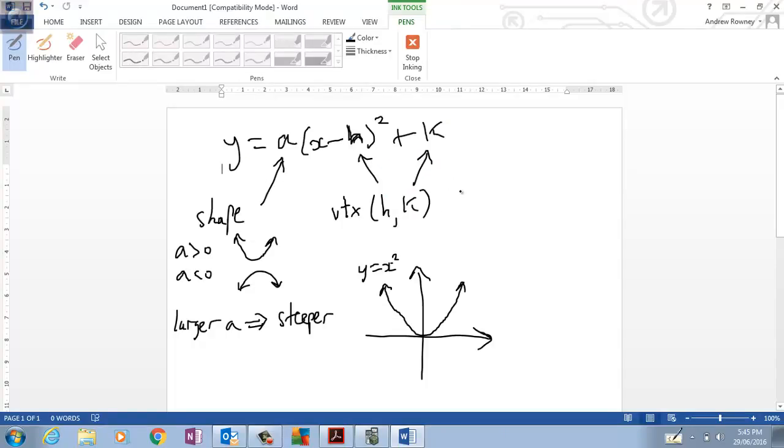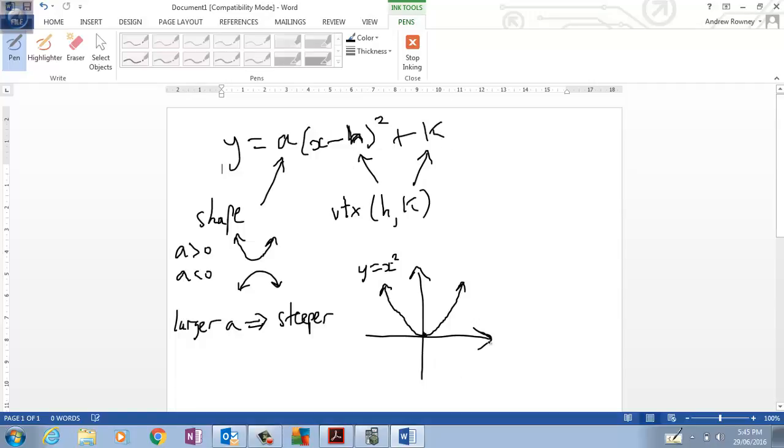Remember, when we were doing sine curves back in pure maths A, we said that if you've got an x take h, you move it to the right by h. So this whole graph has to be moved to the right h units, and the plus k is being added onto the y, so everything has to go up by k.